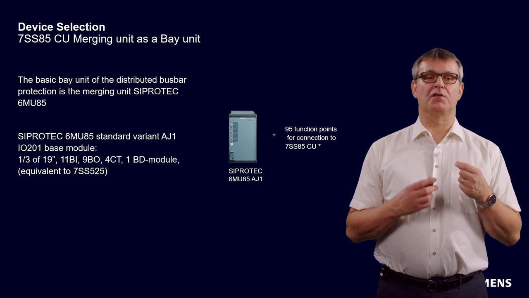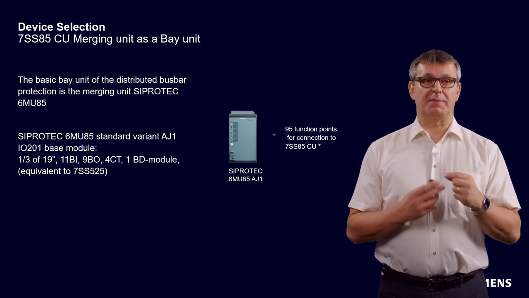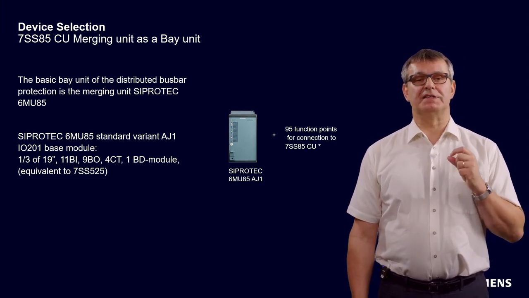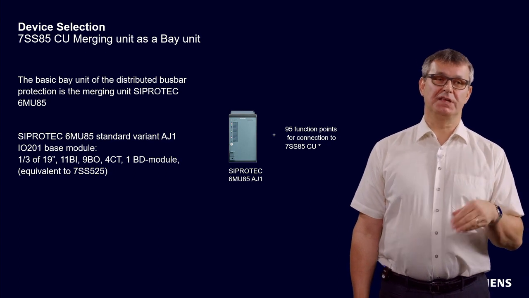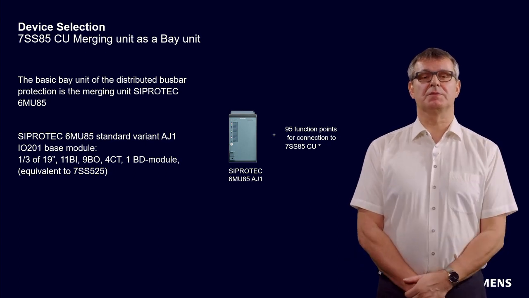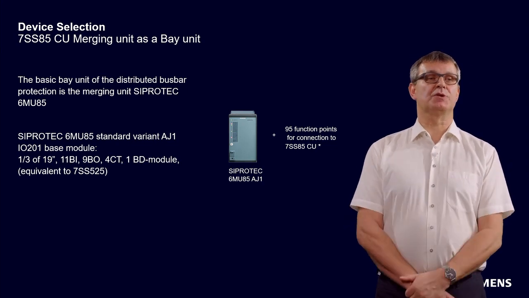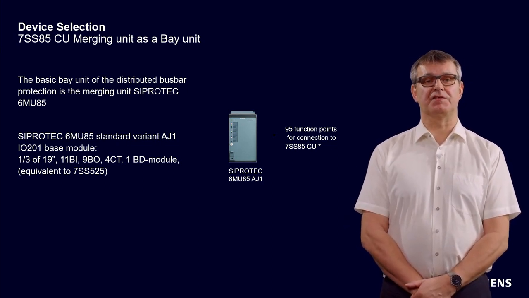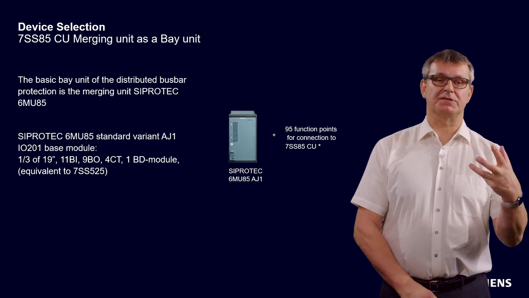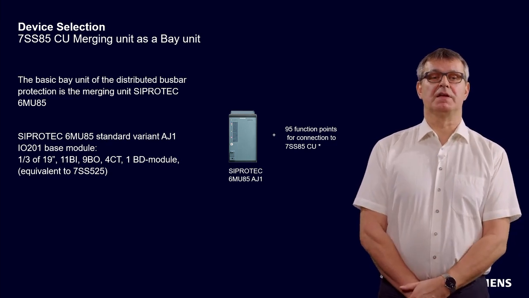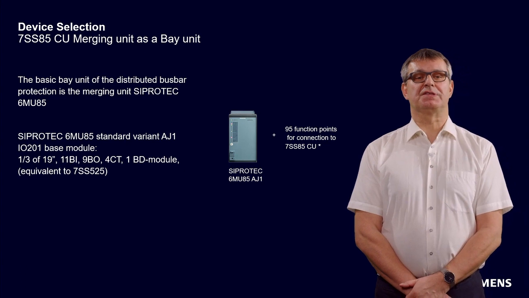So it offers 11 binary inputs, 9 binary outputs, 4 CDs, meaning 1 current measuring point, and it also brings 1 PD module, which is mandatory for the communication to the 7SS85 CU. That's the same as the small 7SS52 Bay unit, the 7SS525.